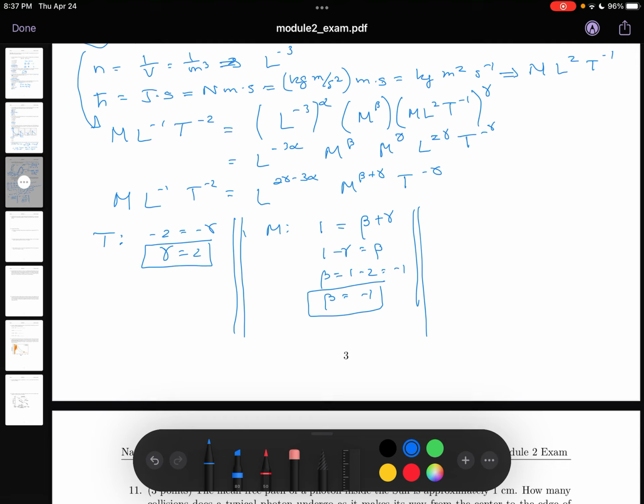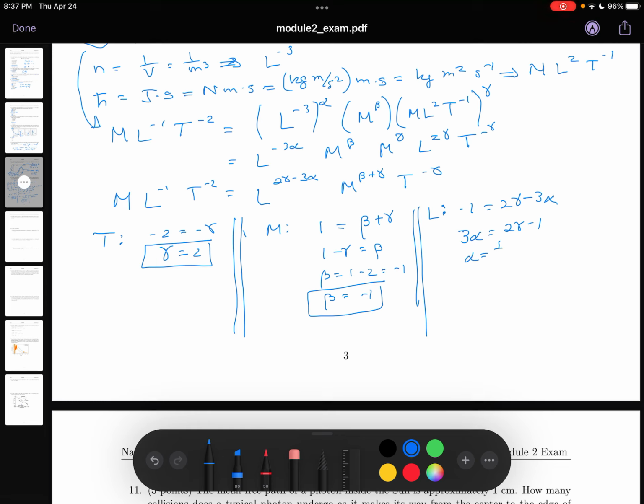Finally, we'll do our length. So on the left side, we have length to the -1. On the right side, we have 2 gamma minus 3 alpha. So we know gamma, we want to solve for alpha, so switch sides here. So 3 alpha is 2 gamma minus 1.